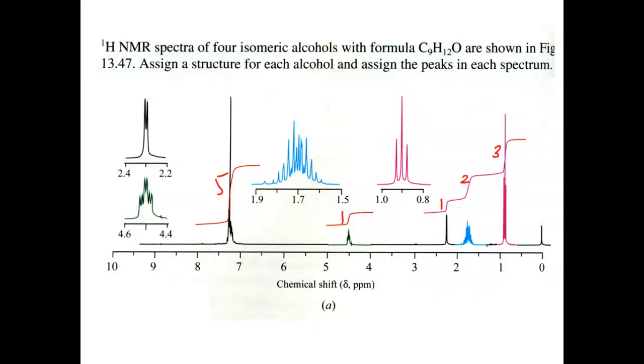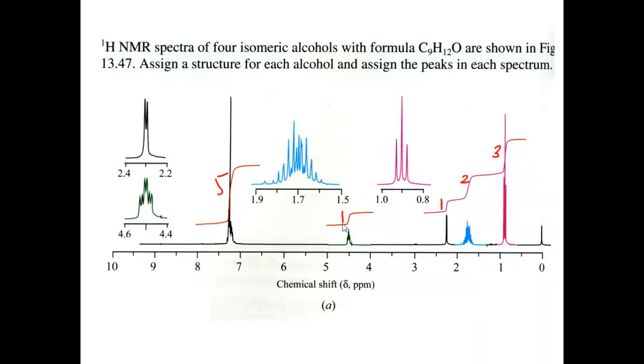For this particular problem, we know this is the proton NMR spectrum of one of the isomers of C9H12O. It's an alcohol.